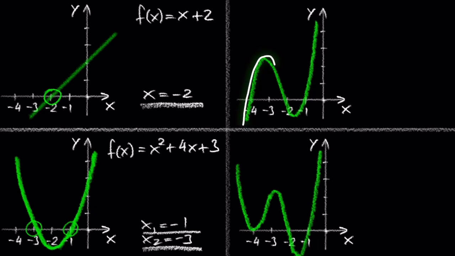The roots of the third function are -1, -2 and -4 because the graph intersects the x-axis at -1, -2 and at -4.